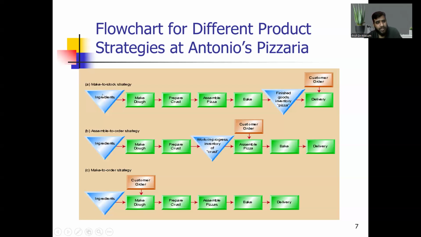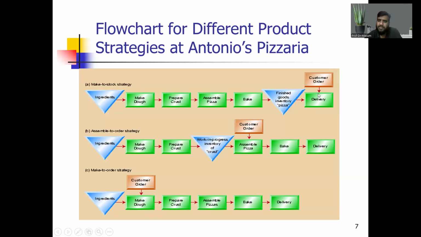That means the company will make the dough, prepare the crust, assemble the pizza and bake the pizza and make it ready for the customers. So when the customers place the order, they will deliver the product. It is known as the make to stock strategy.